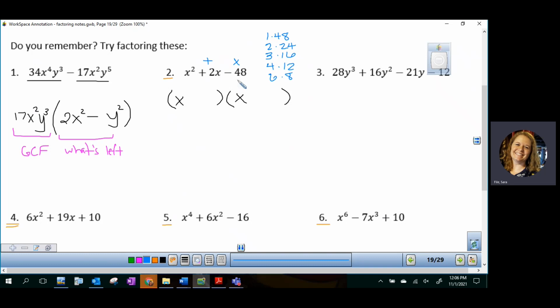Now let's pay attention to the sign, the positive or negative value. We need it to multiply to a negative. So doesn't that mean one has to be positive and one has to be negative? Now which of these numbers would combine by addition or subtraction to give me the 2? 6 and 8. Which one needs to be the positive and which one needs to be the negative for this to come out to positive 2?